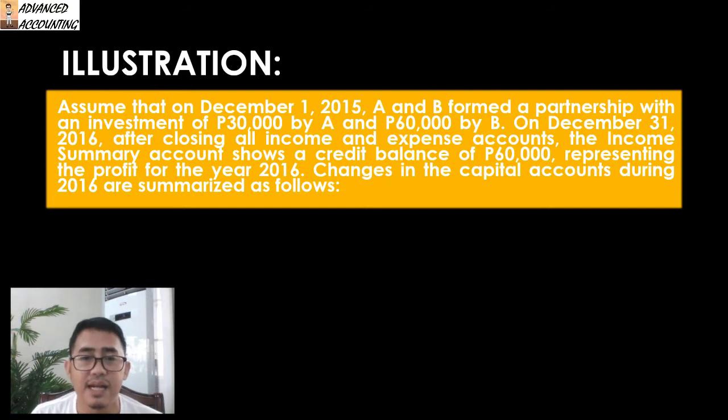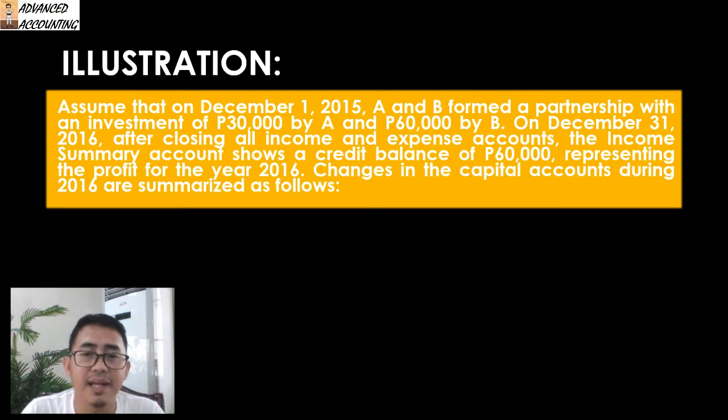So take note of this, class. Whatever is the balance of the account income summary, or in other books this is discussed as income and expense summary, but they are just the same. So whatever is the remaining balance after you close all income and expense accounts represents a profit or loss.